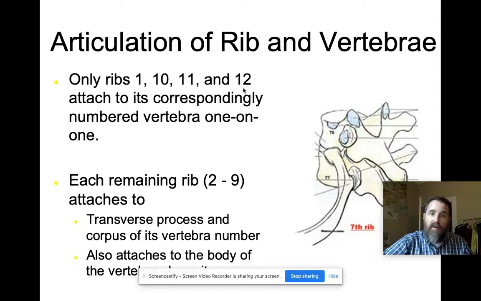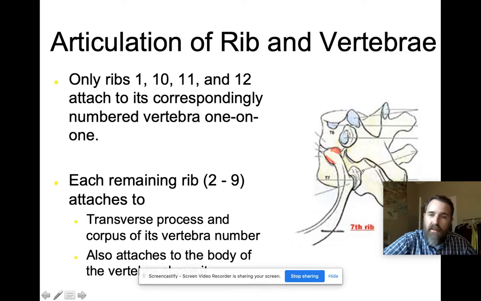But the rest of the ribs aren't that simple. Ribs 2 through 9, they'll curl in and they'll attach to the transverse process at the transverse costal facet, and then the head of the rib will keep curling in and it'll attach to the superior costal facet, but a little bit of the head of the rib will also reach up and articulate with the inferior costal facet of the thoracic vertebra above it.